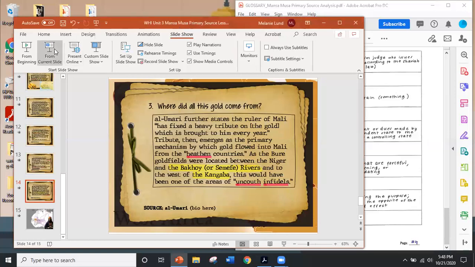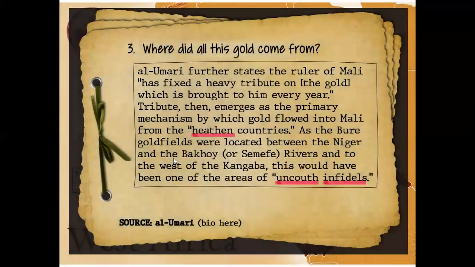And so we are learning here in this source that the heathen countries, very likely again the Christian lands of the Takrur, are paying the kingdom of Mali, they're paying the ruler, the government of Mali, this heavy tribute of gold in order to keep their power to govern themselves and in order to avoid being invaded and conquered by powerful Mali, which they know, of course, if the Malian army did invade, they would lose.